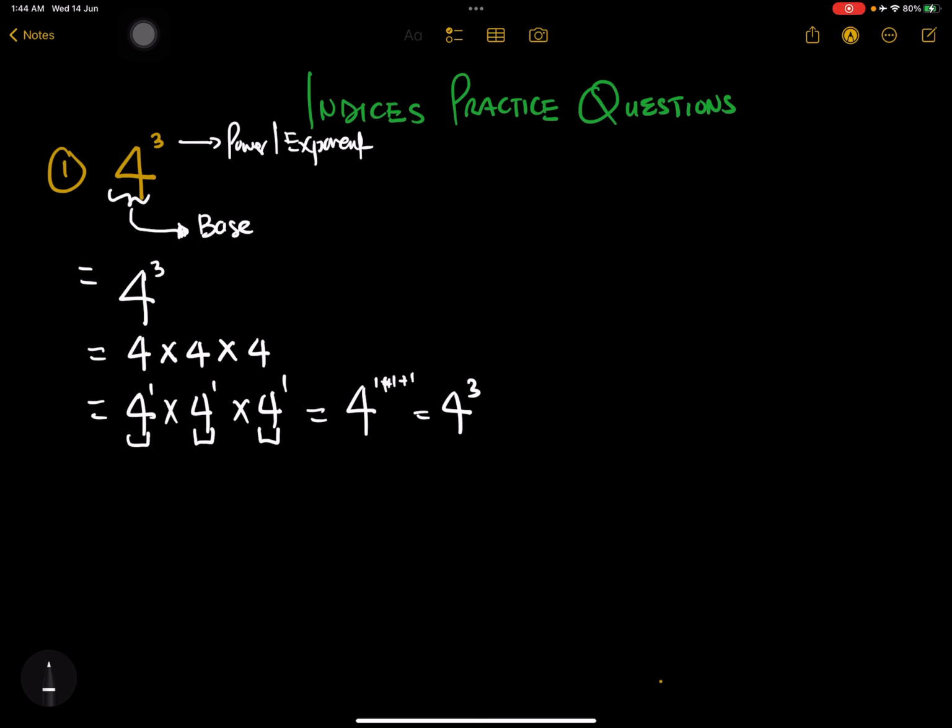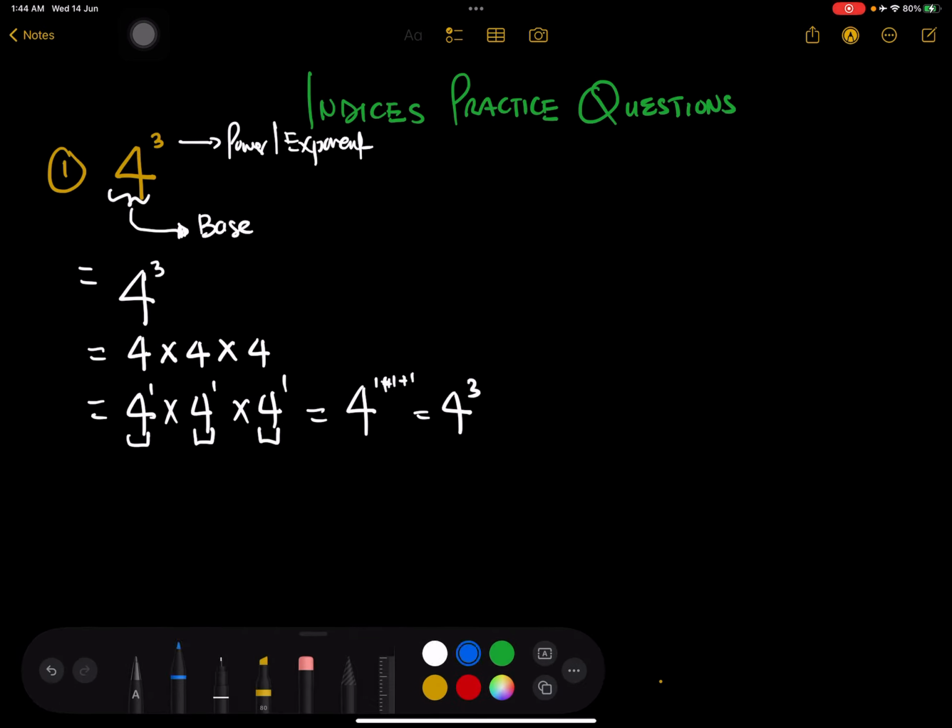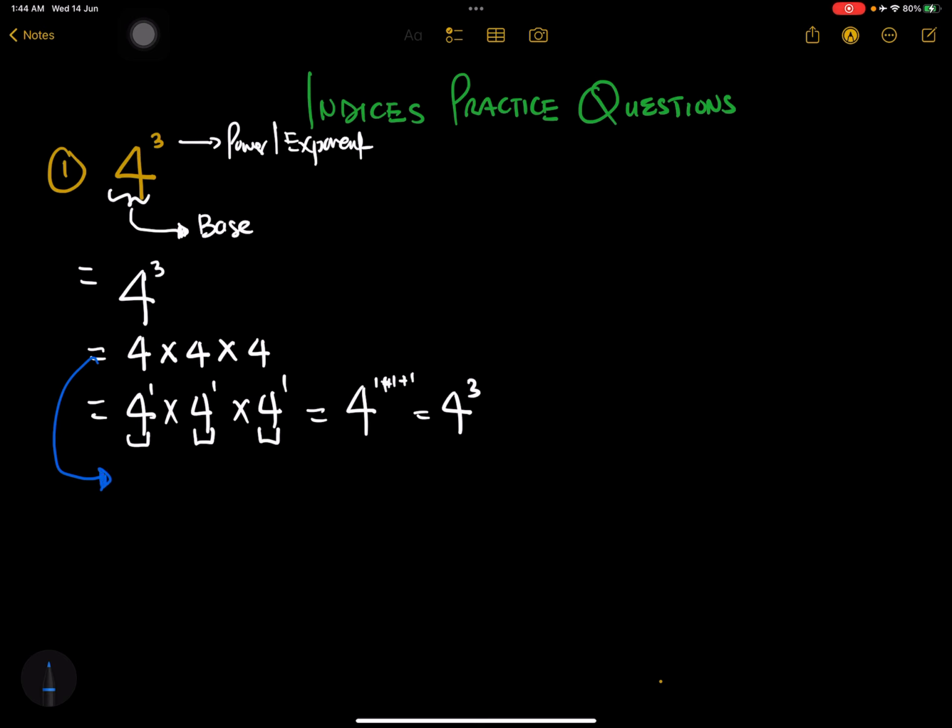We continue from here: equal to 4 times 4 times 4. We know that 4 times 4 is 16. We drop the multiplication sign and multiply by 4. How do we get 64? 6 times 4 is 24.